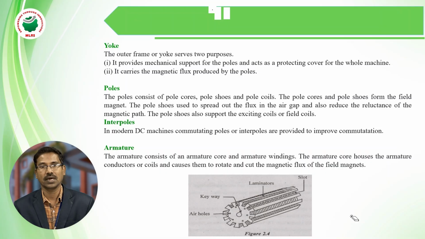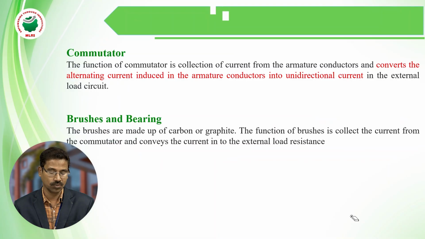According to Faraday's law, when this rotating conductor cuts a constant flux, an EMF is induced in the armature winding. When this armature winding is connected to the external circuit through the commutator, we get a DC signal.